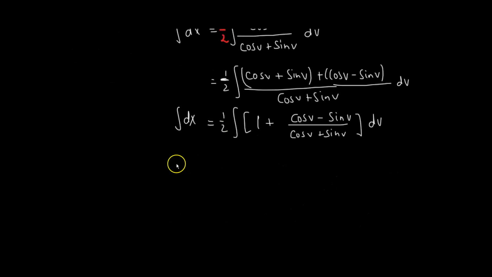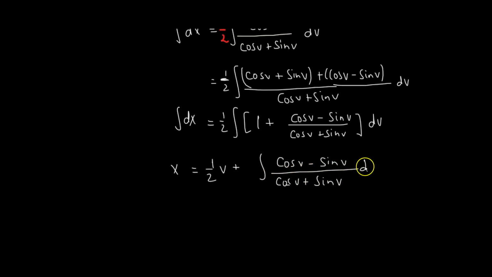So this should give us integration of dx will be simply x. Then we have half integration of 1 times dv, so that's v, plus integration of cosine v minus sine v divided by cosine v plus sine v dv. Now this is a very simple integral.